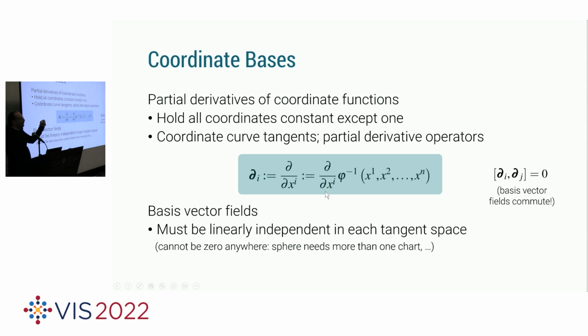But of course, if you go to one tangent space, you can do a change of basis, and you can change to a basis that's actually not the coordinate basis. How this is measured is what we'll see also later using the Lie bracket or the Lie derivative between vector fields. What's a bit hard to see in all of these notations is that you do this at every point on the manifold, so you get functions over the whole manifold. It looks like you get this only at one point maybe, but basically you get vector fields out. So these coordinate vectors at every point form vector fields over the whole manifold.